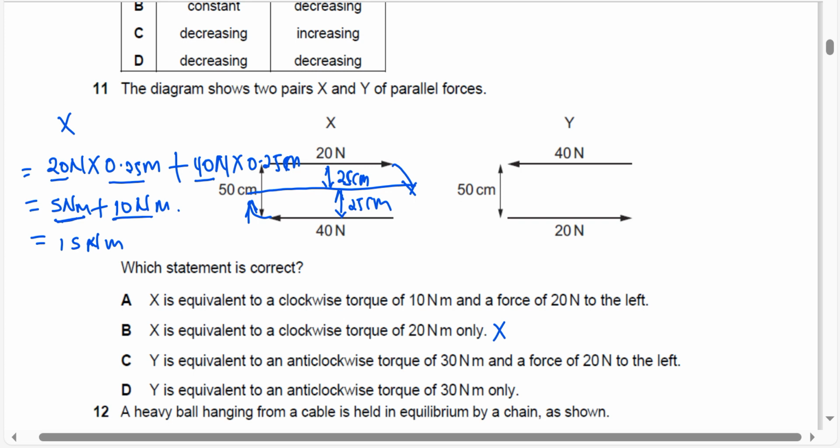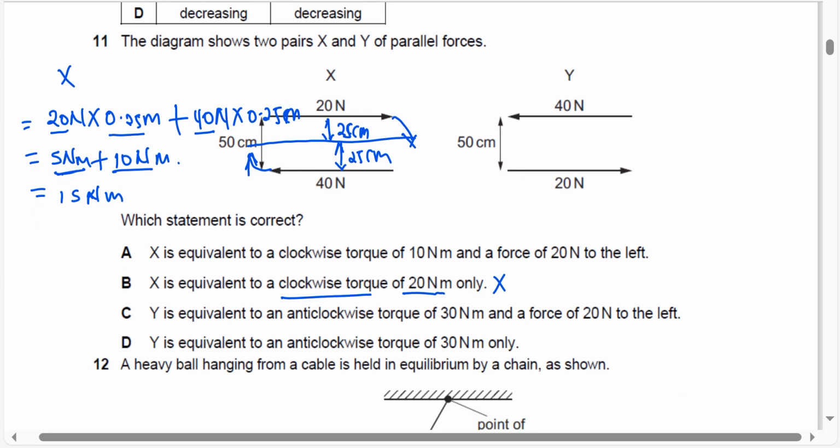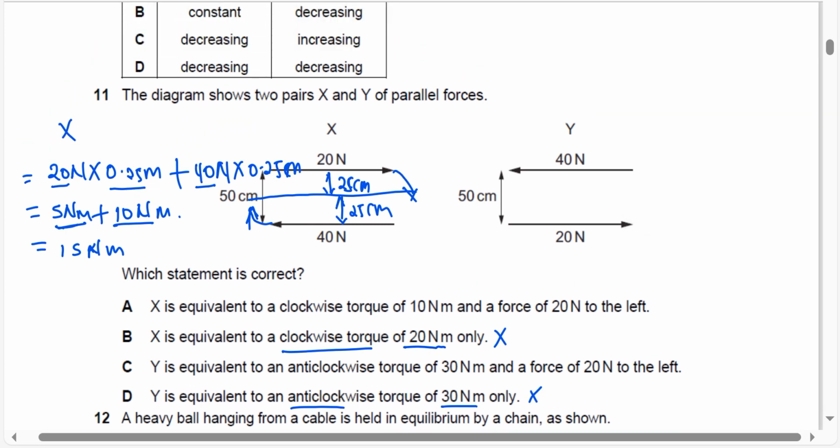Which makes B wrong. If I say X is equivalent to a clockwise torque of 20 Newton meters only, it means B is wrong. If I say Y is equivalent to an anticlockwise torque of 30 Newton meters, I think this is also wrong. Let's verify for Y. For Y, this is anticlockwise, but it is also about the center. So for 20 newtons, it will be 20 times the perpendicular distance, which is 0.25 to the center.